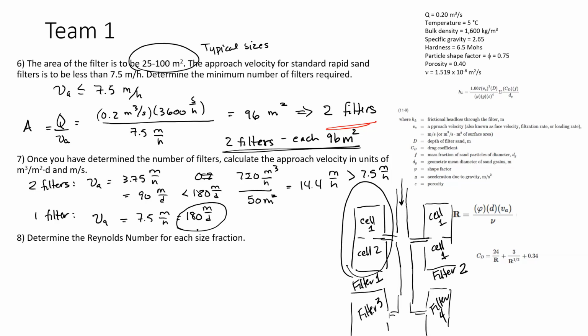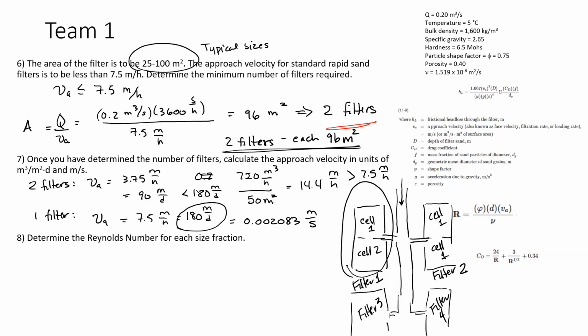Okay. Those are your major constraints. So think about that when you're actually doing the design. And we can also calculate this, and I'll do it here. We will use this for the design. We will need an approach velocity in meters per second. So I've just done the conversion there.